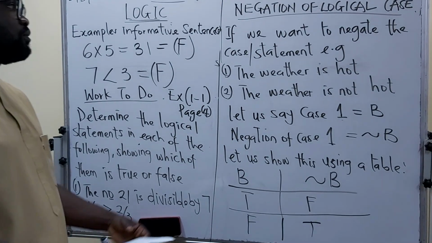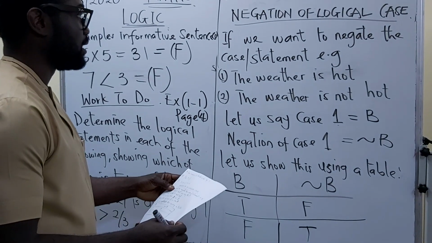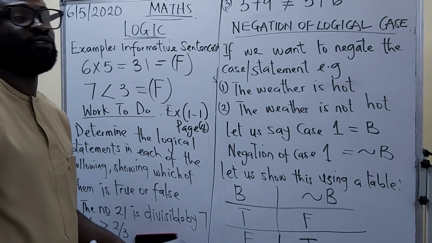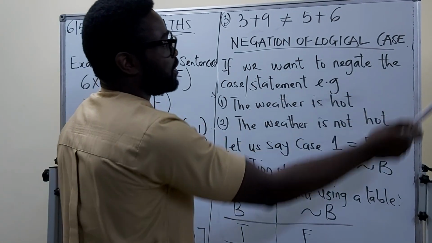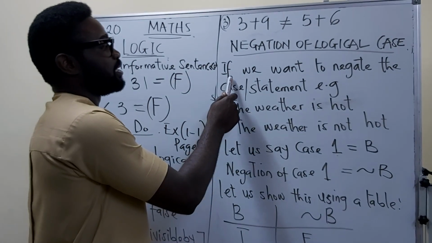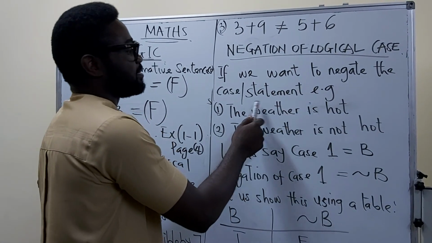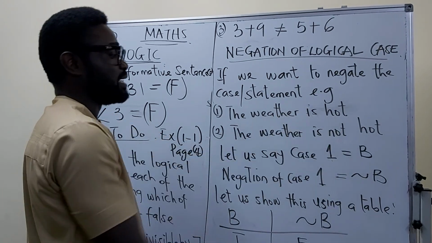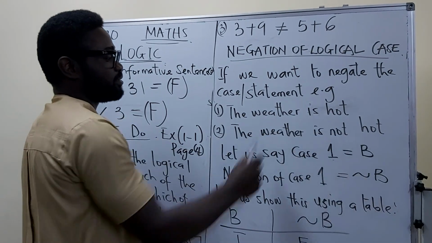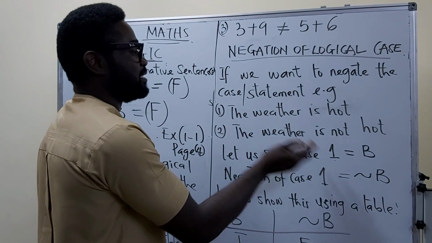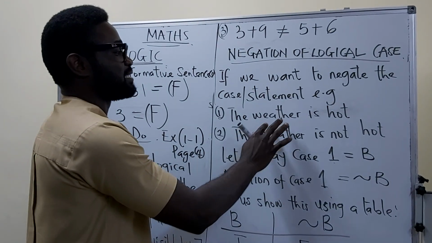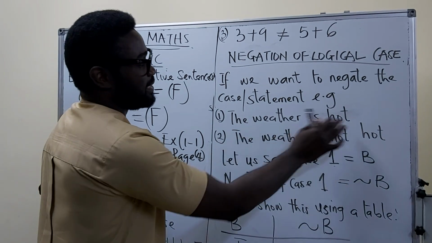Half is greater than 2 over 3, and 3 plus 9 is not equals to 5 plus 6. Now we went ahead to negation of logical case, and of course if you want to negate the case or statement, e.g. for example, the weather is hot, the weather is not hot. So that is the direct opposite of that statement that says the weather is hot.